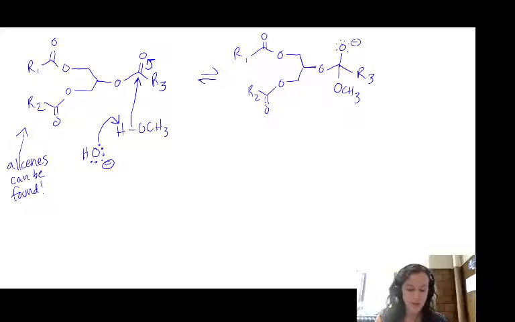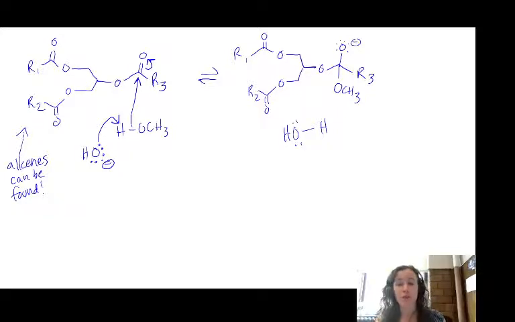Let's not forget that in the previous step we formed water. And we can't forget that a catalyst is always regenerated. So we had that hydroxide molecule grab a proton to make water.